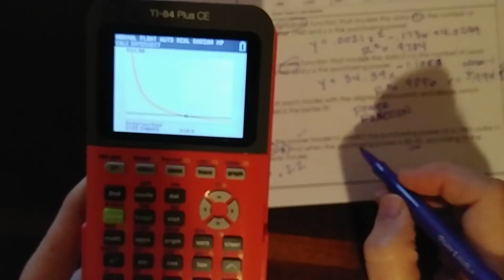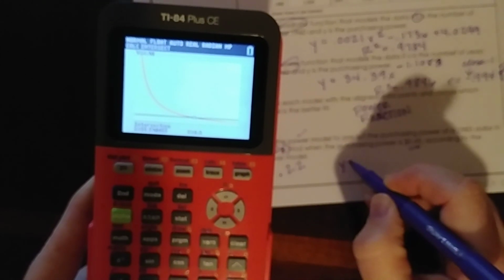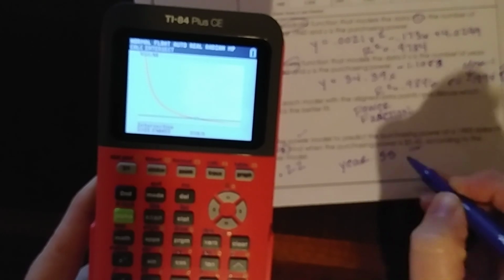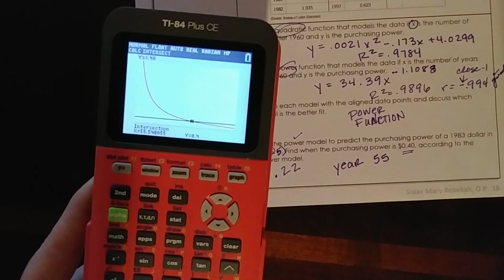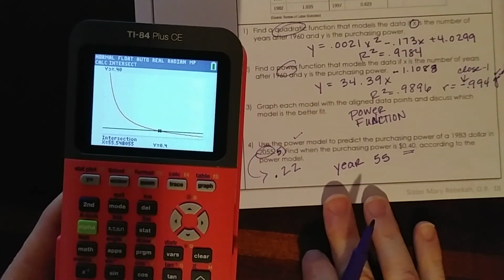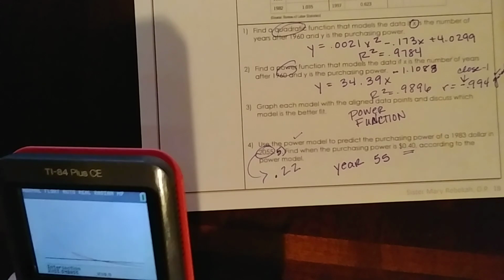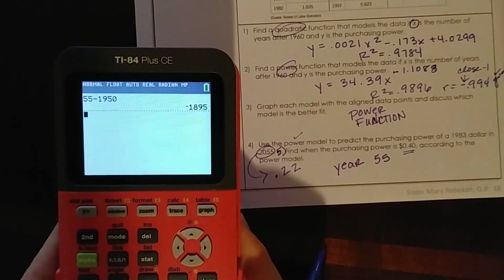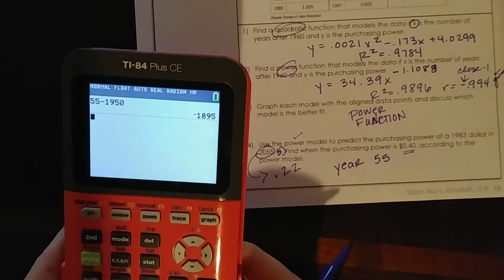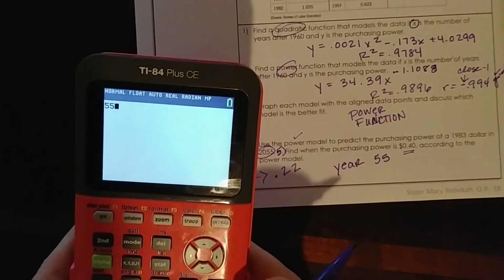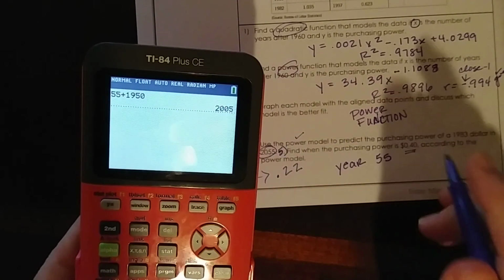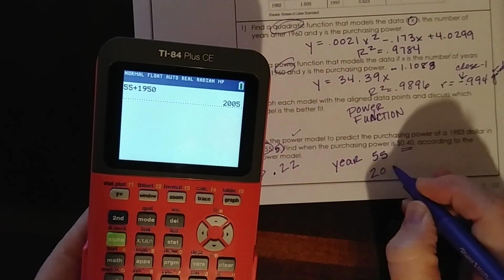And in year 55, it's 40 cents. Okay, so 55 plus 1950, oh crumbs, is 2005.